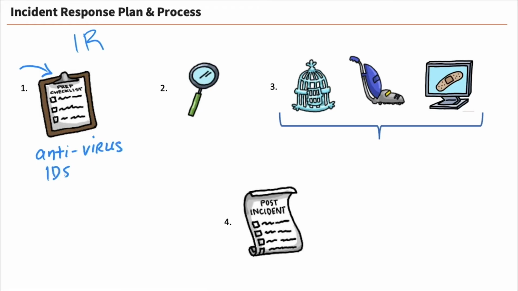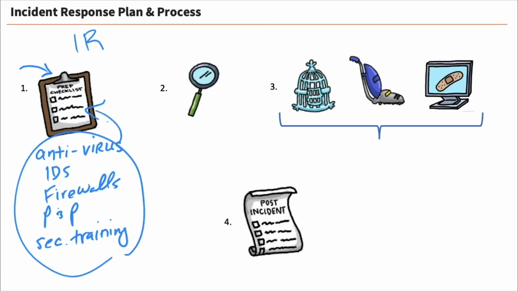You have intrusion detection systems. You have firewalls. You have lots of security controls out there to help protect against the bad guys. You have policies and procedures, and you provide security training to all your users. And these are different ways to be prepared for an incident.